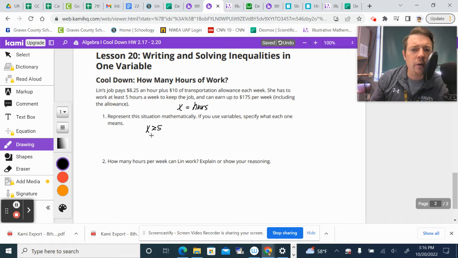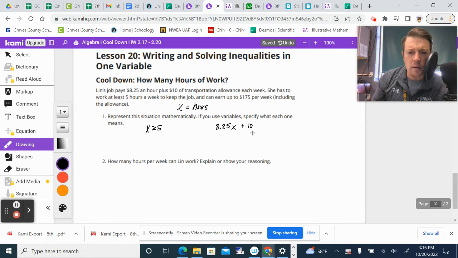And the other inequality that I'm going to write is based on money. So if I'm going to write an inequality with money, I need to start off with how much money she's going to make. Well, I know that she's going to make $8.25 per hour. So that would look like this expression. And she gets $10 just for a transportation allowance.